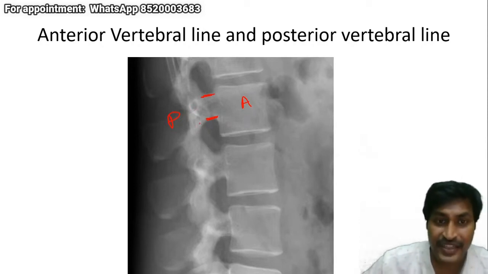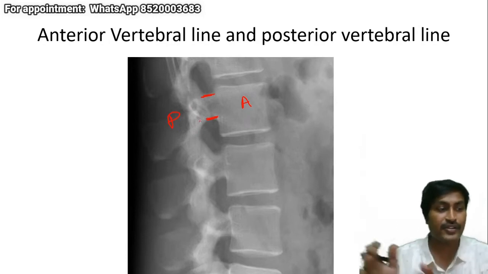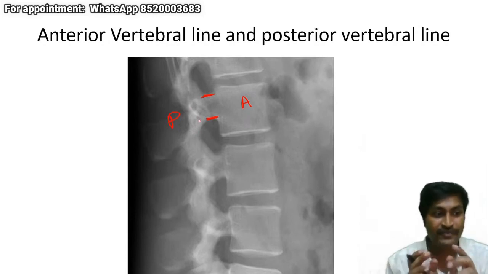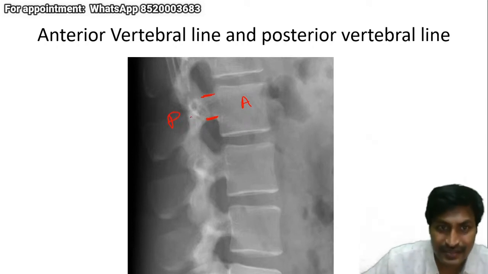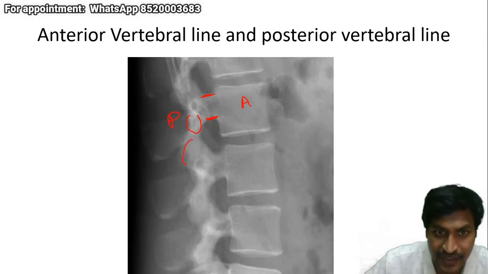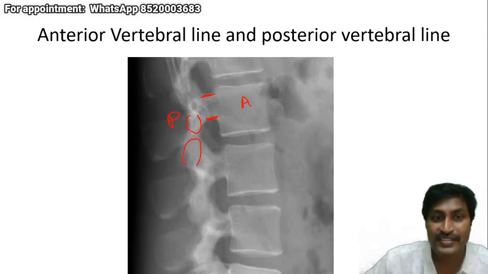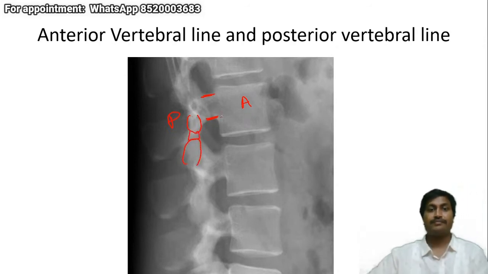And the one connecting the interarticular facet, that is the joint between two articular processes. This is one articular process, and this is the other articular process. So this one is the pars interarticularis.